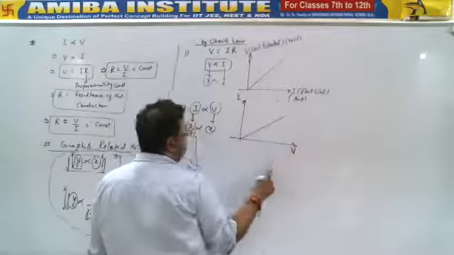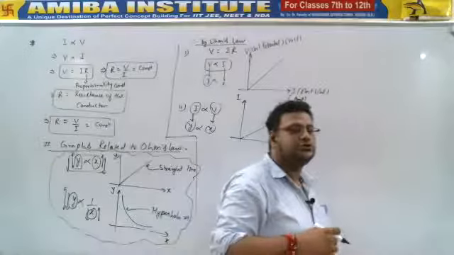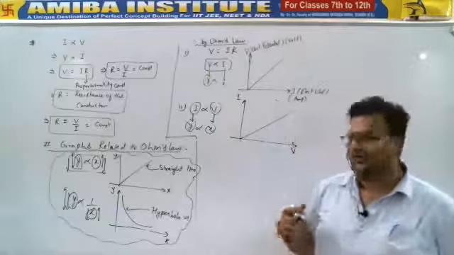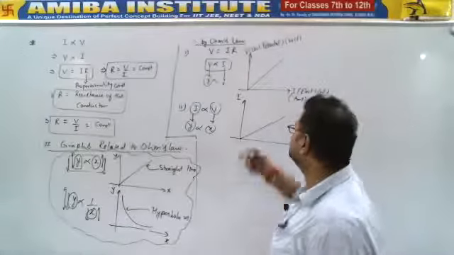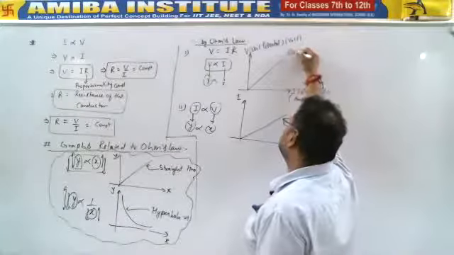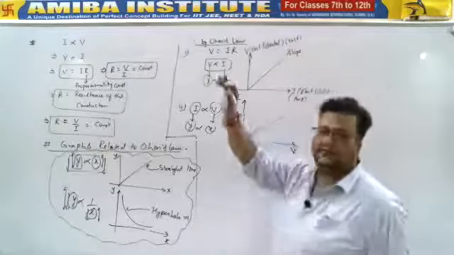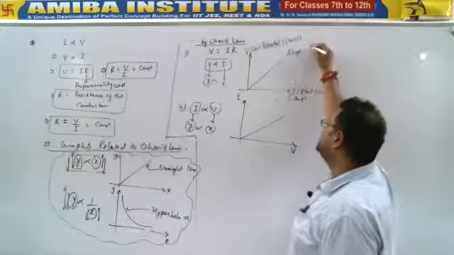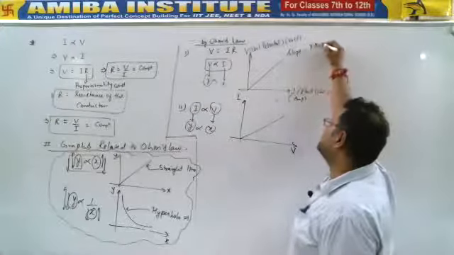But there is something which changes, that is called slope. Now, what is slope? Although it's not related to your grade, let's still learn. In simple language, whenever the word slope comes, it means y-axis quantity upon x-axis quantity.